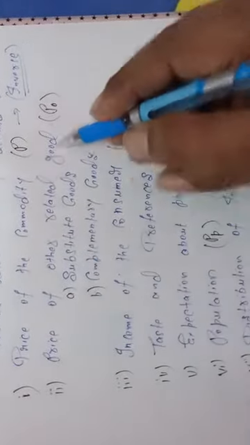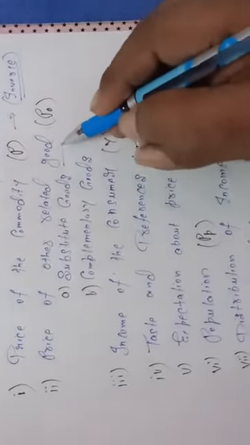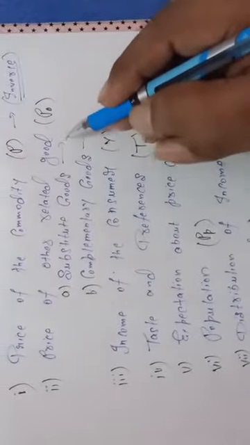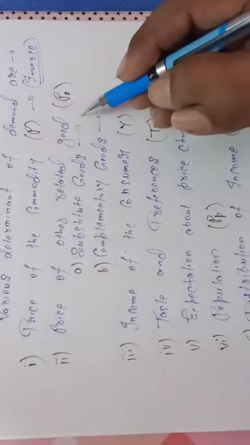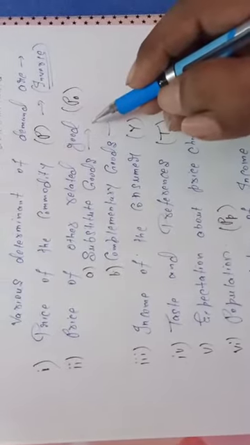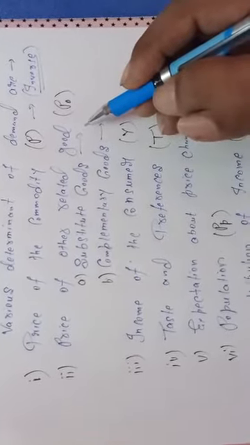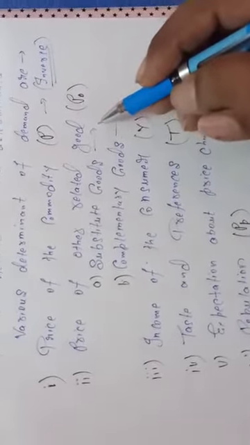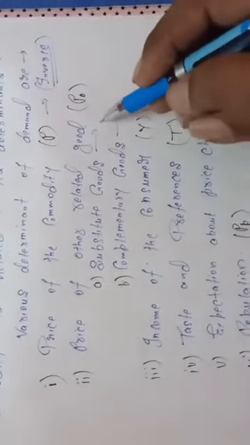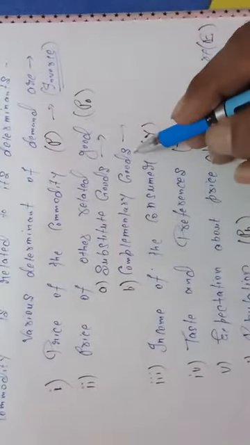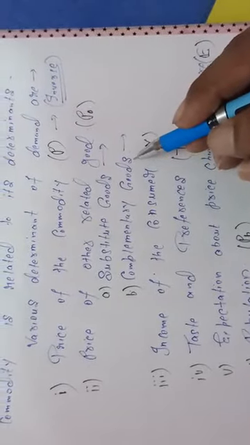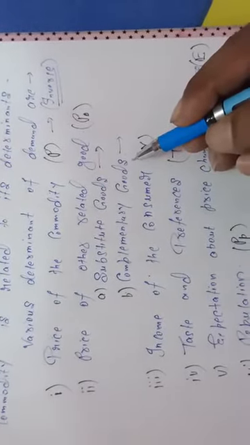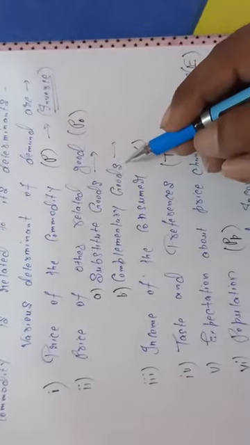Same is for price of other related goods, substitute goods and complementary goods. So what are substitute goods? The goods which are used interchangeably are known as the substitute goods, just like tea and coffee. And complementary goods are those which are used together with each other, just like pen and ink, car and petrol.